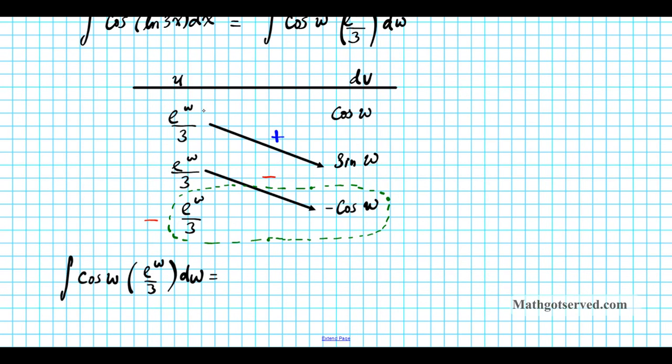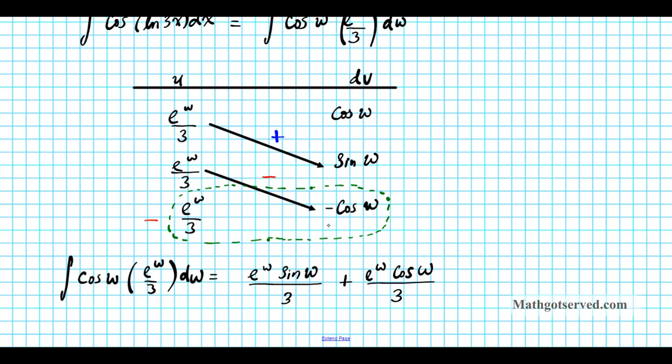That's going to be multiply these two, and the sign is going to be positive, so it's going to be e to the w sine w over 3. And then the next pair, these two minus, this minus times the minus makes it a plus e to the w cosine w over 3. And then for the last portion, since we're going horizontally, we're going to have an integral.